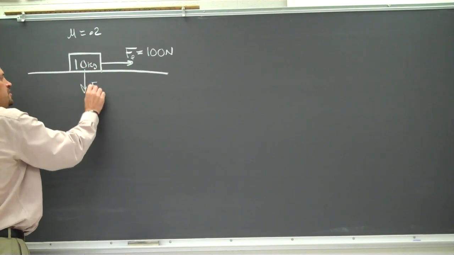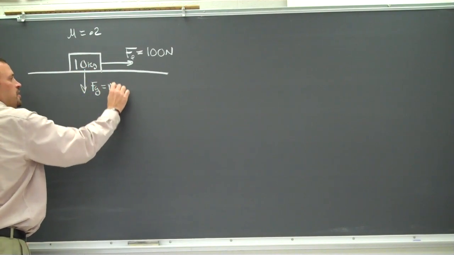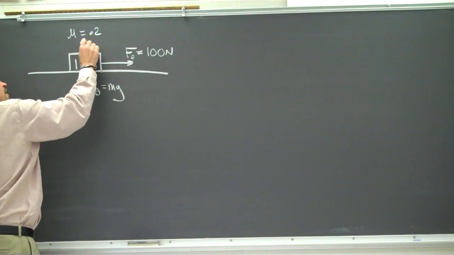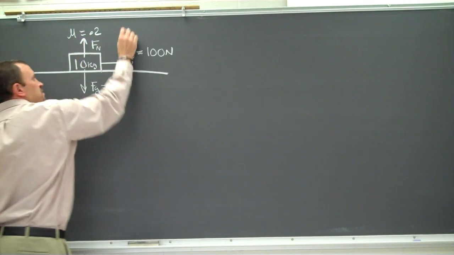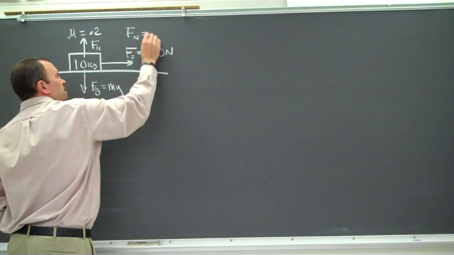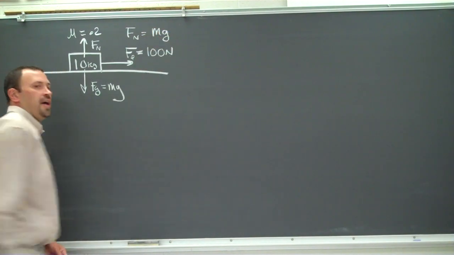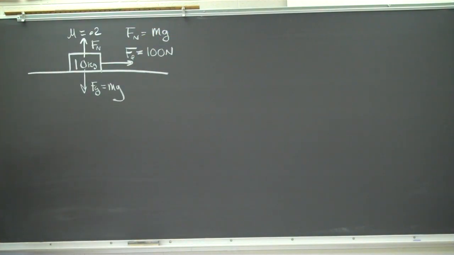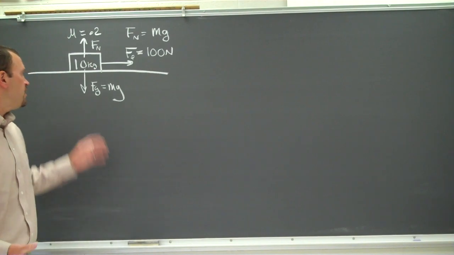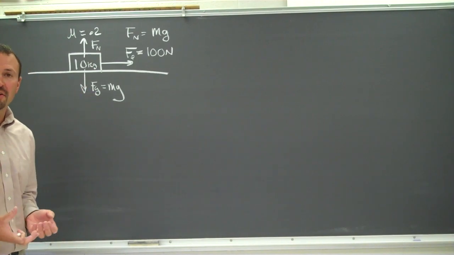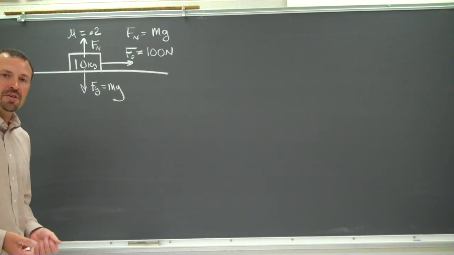we've got our gravitational force that's equal to mg. And in this case, we've got a normal force that's equal in magnitude to mg that we'll use to calculate our friction. So anytime we're talking about an object moving, if it's going to accelerate, the acceleration is always caused by the net force.